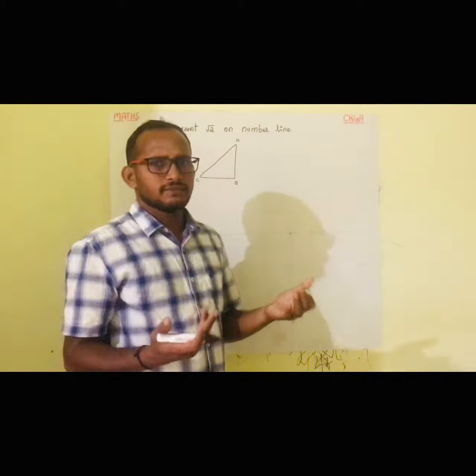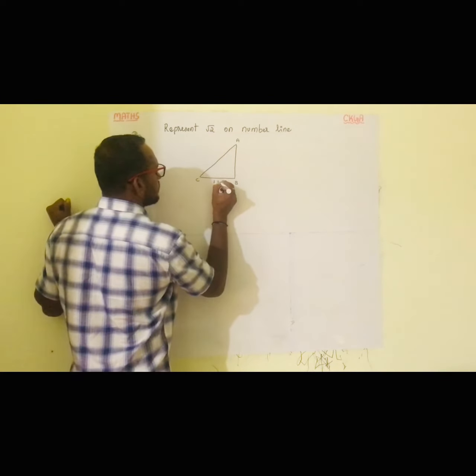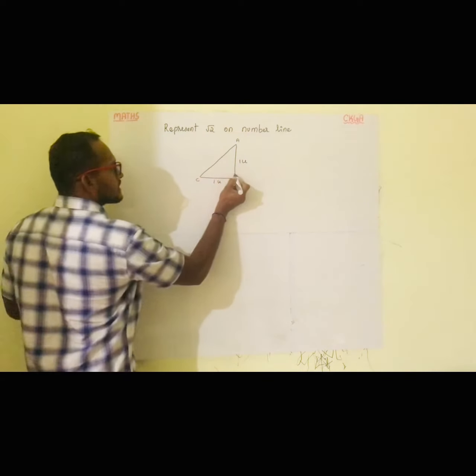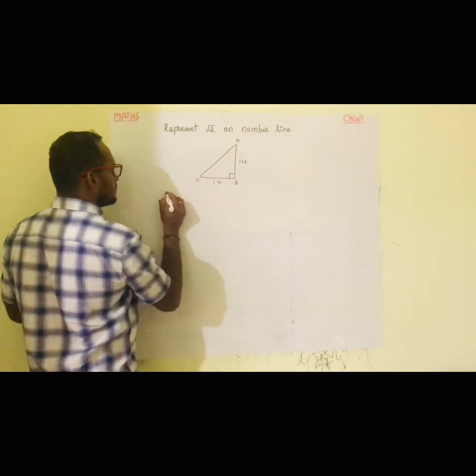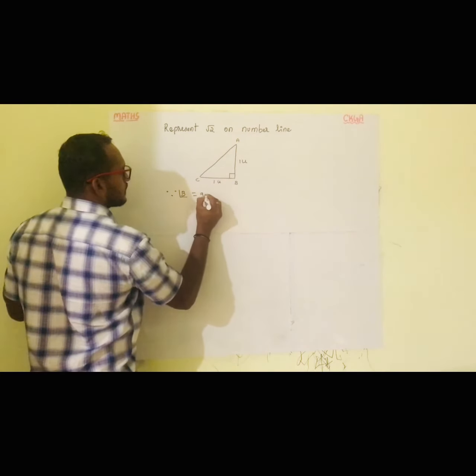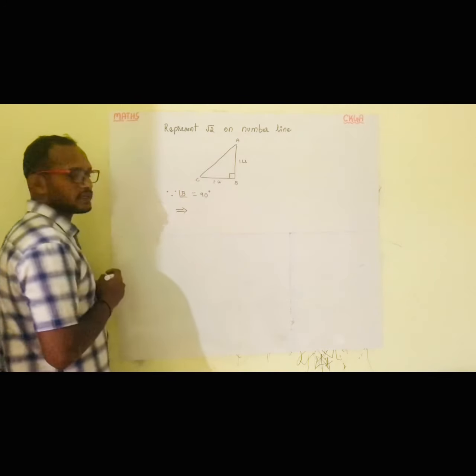I'll fix some base size here. Let's say I take 1 unit here, and 1 unit here. Since it's a right angle triangle, angle B is equal to 90 degrees, so you can use the Pythagoras theorem.